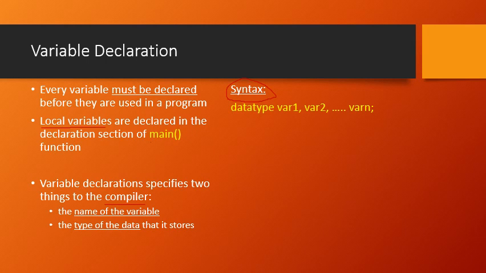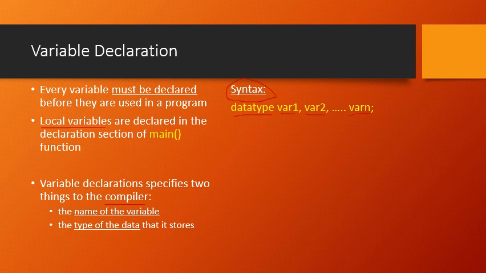So the syntax of declaration of a variable says: first write the data type, whether it is an integer, a character or a float, then give a space and then the name of the variable. Here var1, var2 or var_n are nothing but the names of the variables.